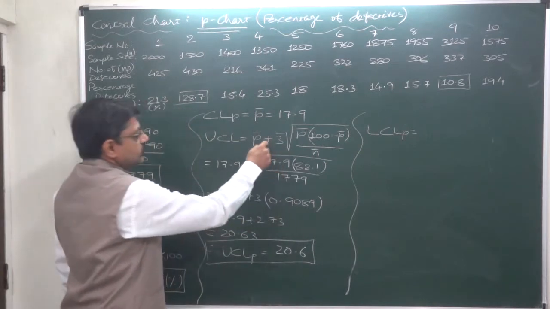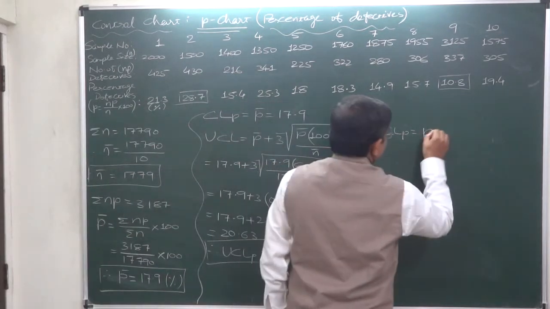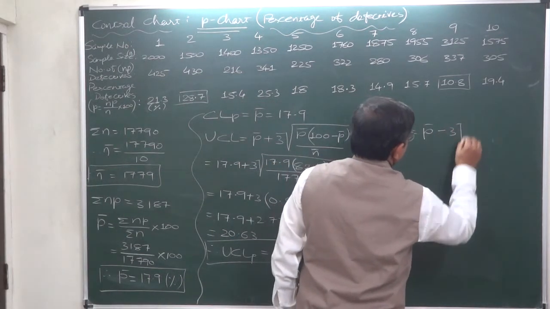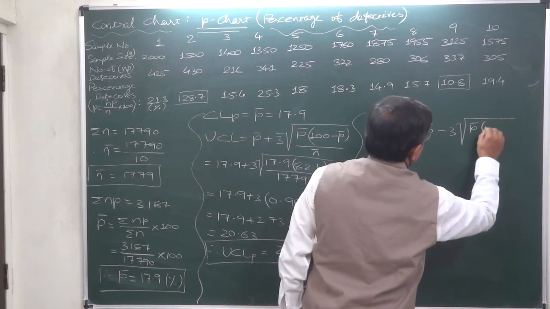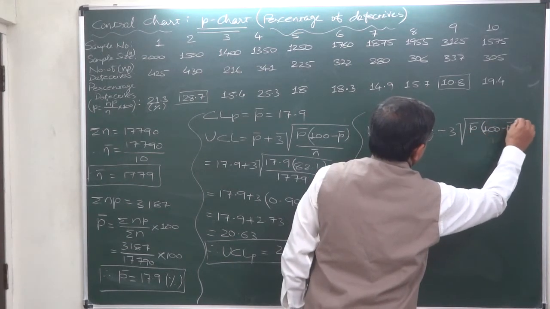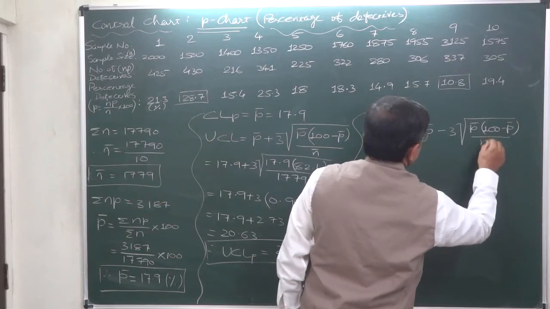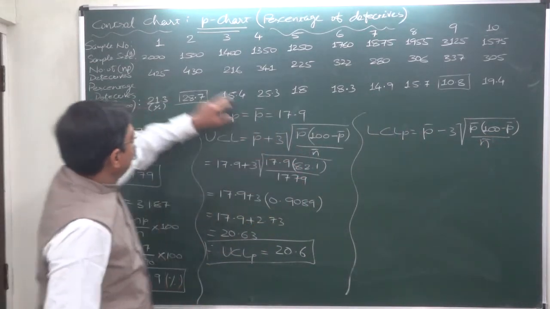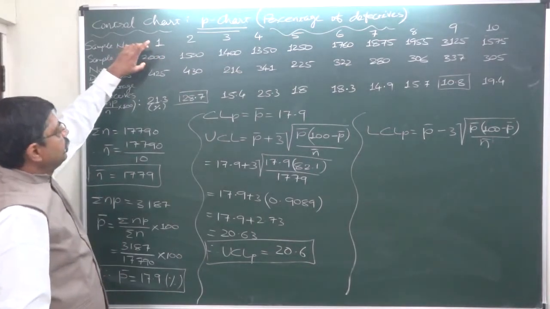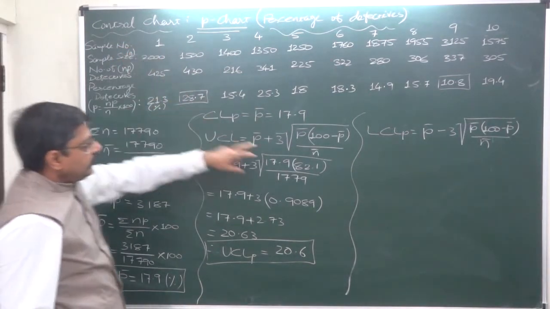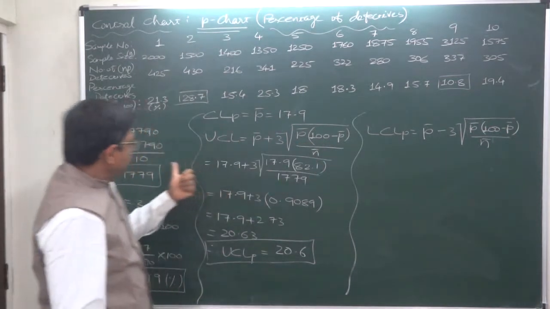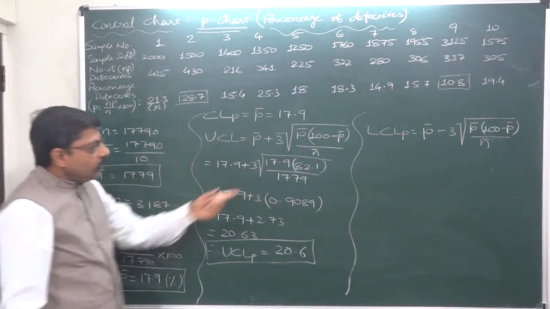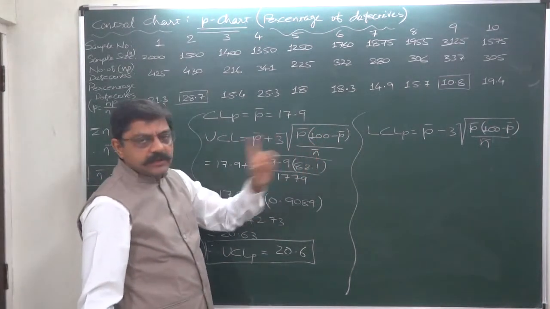Now, for the lower control limit, we have always a shortcut available because the difference is only the minus sign. P bar minus 3 into under root P bar into (100 minus P bar) upon n bar. Let me remind that n bar comes in the case of different sample sizes only and 100 comes in the case of percentage defective chart only. Both are not every time coming simultaneously.